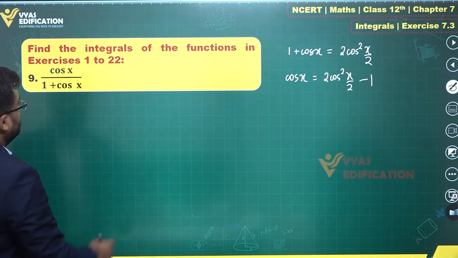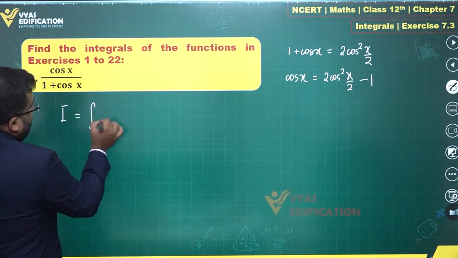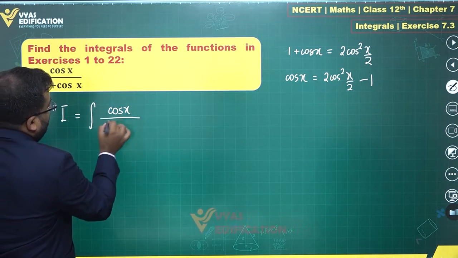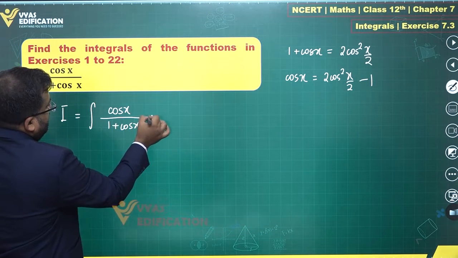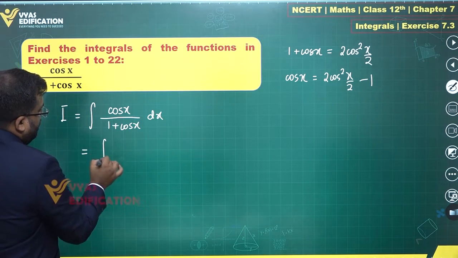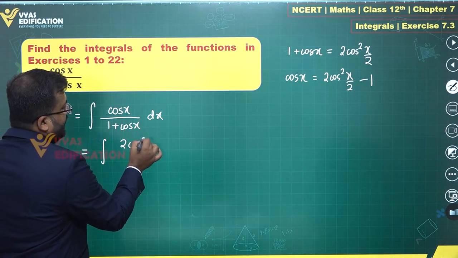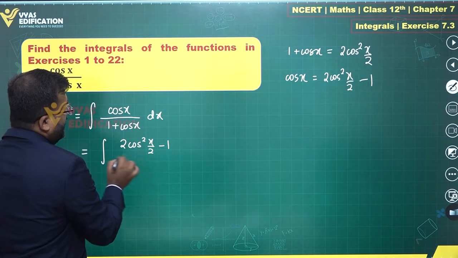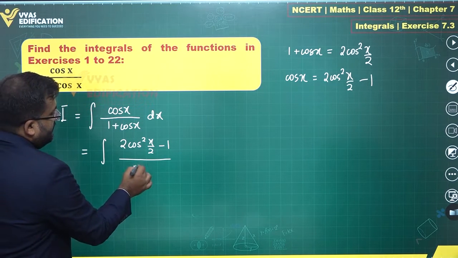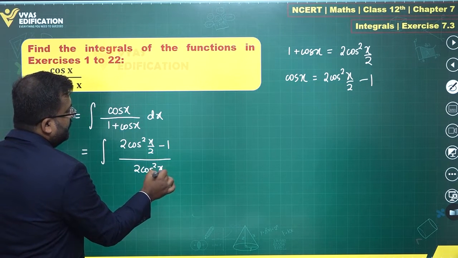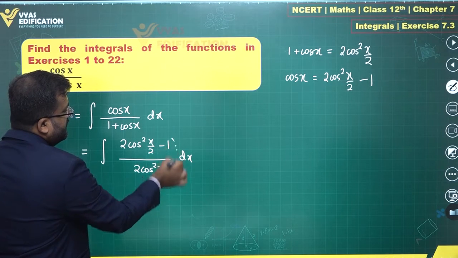I can use those two results. For solving this, cos x over 1 plus cos x dx will convert to the integration of 2 cos square x by 2 minus 1 over 2 cos square x by 2 dx.